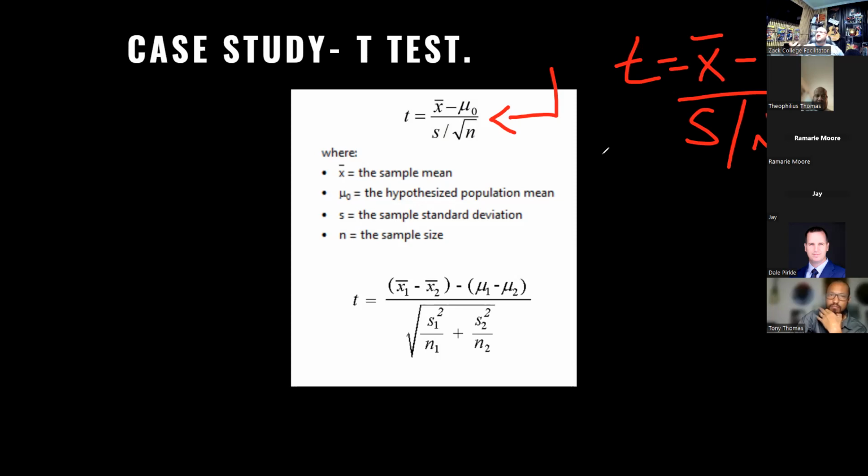N represents your sample size of data. The s represents that sample standard deviation. And the population mean is more of that hypothesized mean. I'll go into that a little bit more, understanding that from a t-test level. And your x bar, that's always going to be the sample mean.